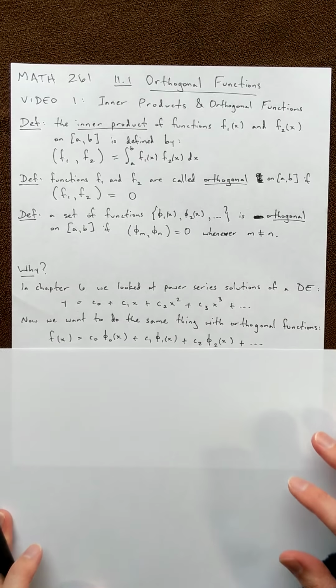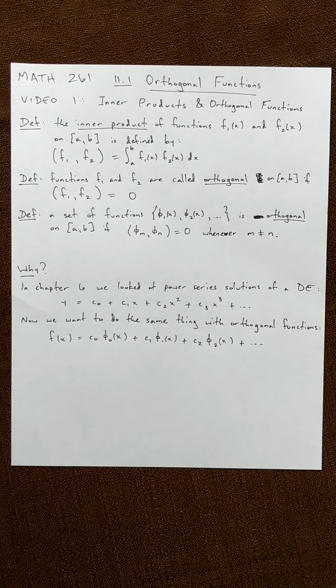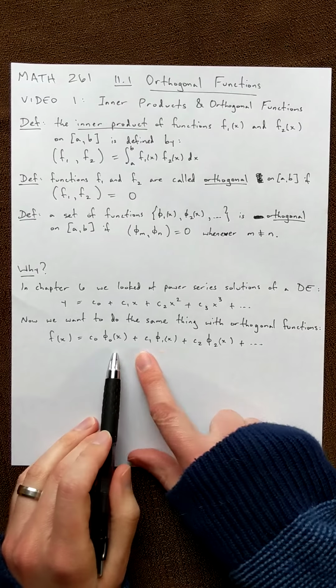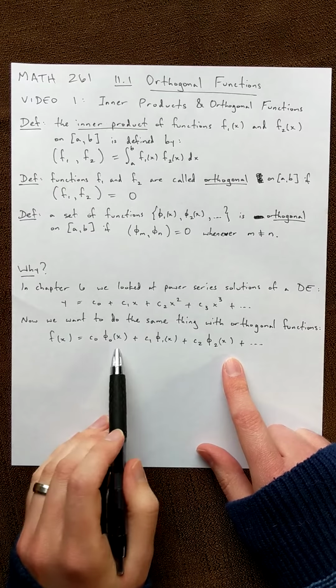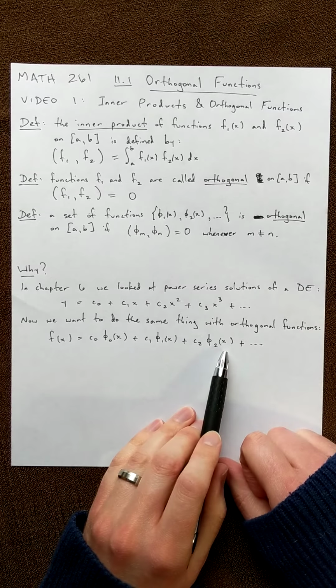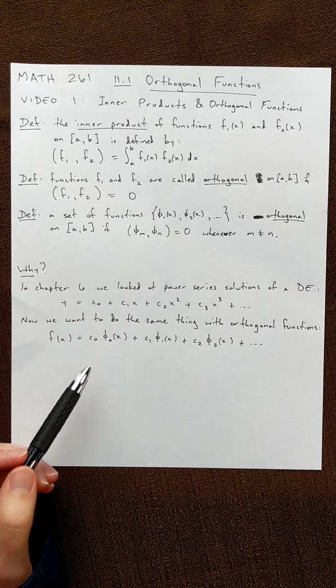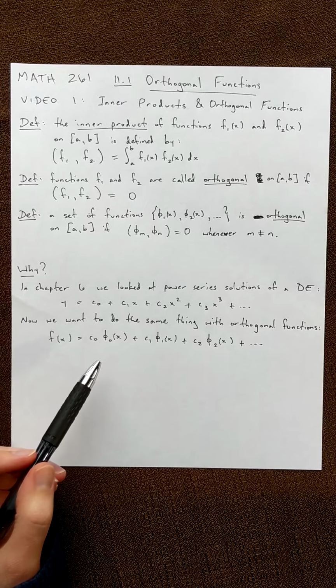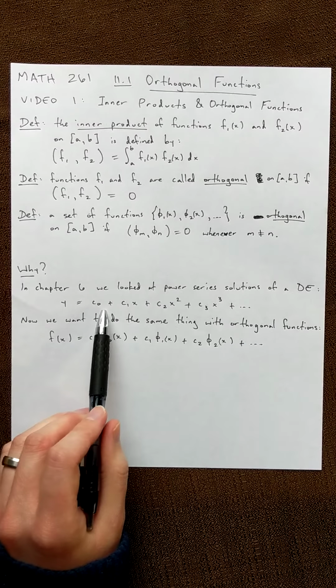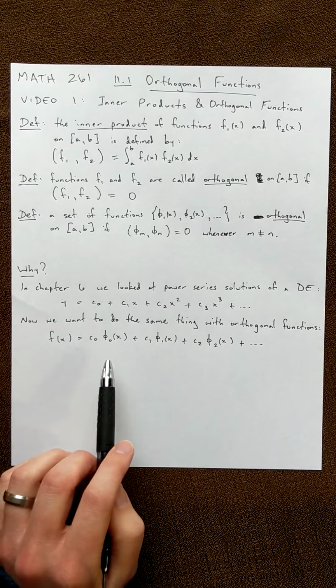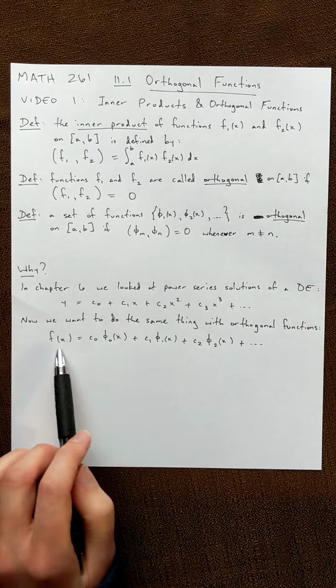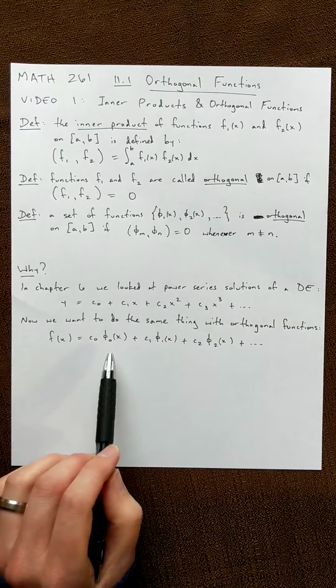What we would like to do is the same exact thing, but with other functions. Not any old function, but certain particular functions. Basically we're going to try and do the same kinds of things that we did in chapter 6, plugging a series into a differential equation and solving for the constants. Only it turns out life is a lot easier if we're allowed to pick what the functions are.